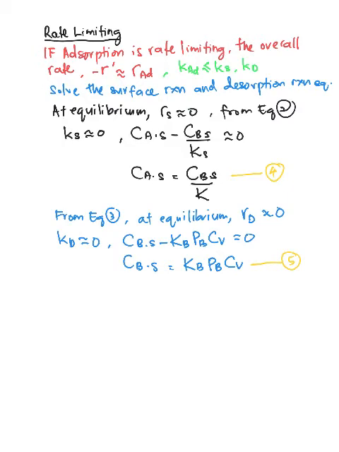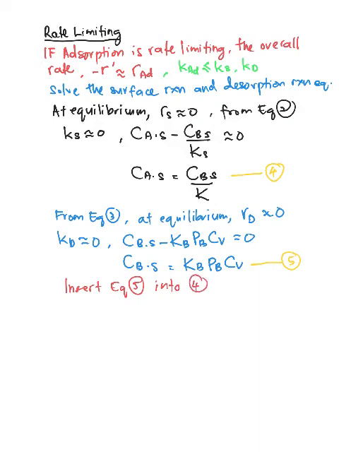Right. So when we have all these equations, next step: if you look at equation 4, there are two terms, which is Ca·S and Cb·S. From equation 5, we can replace Cb·S in equation 4. So next step, insert equation 5 into 4.